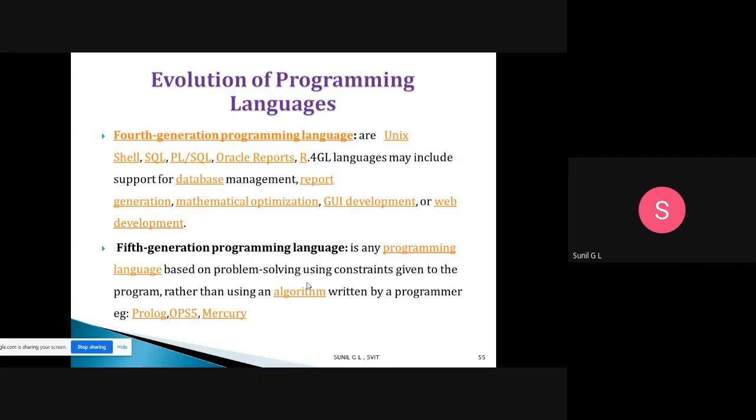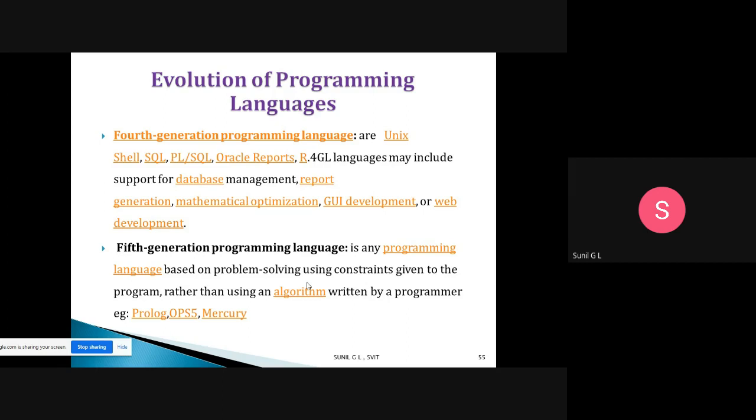In the fifth generation, programming languages are based on problem solving using constraints given to the program. In all the previous generations we were using algorithms, written by a programmer. Here we are not using algorithms.